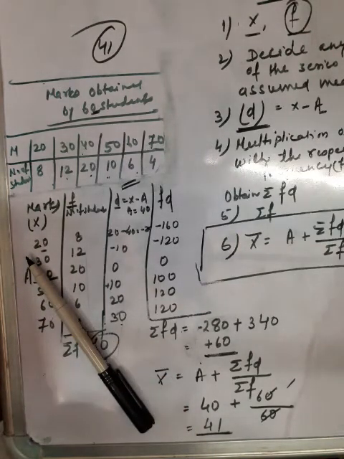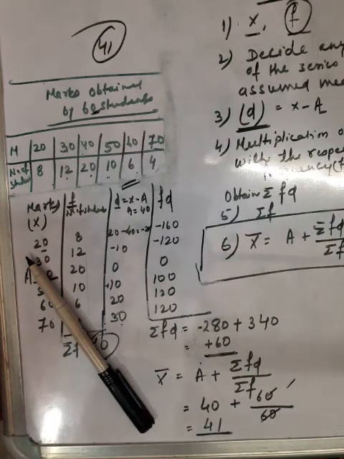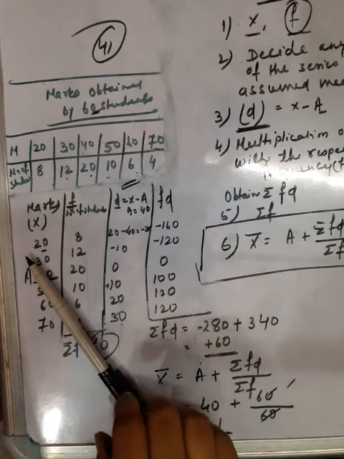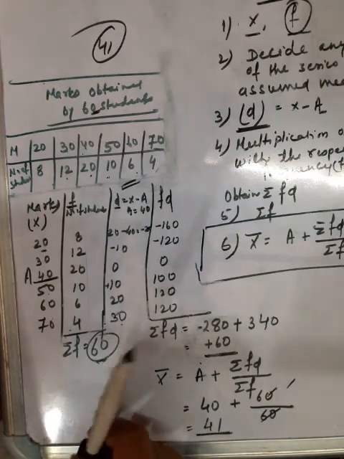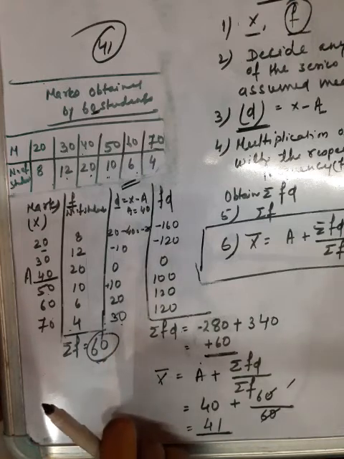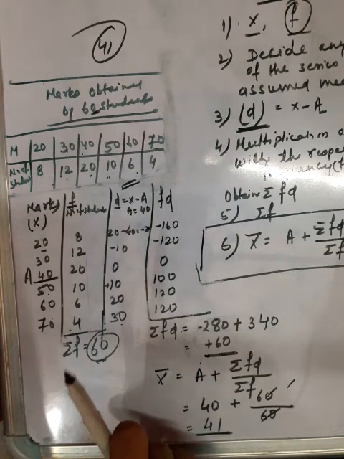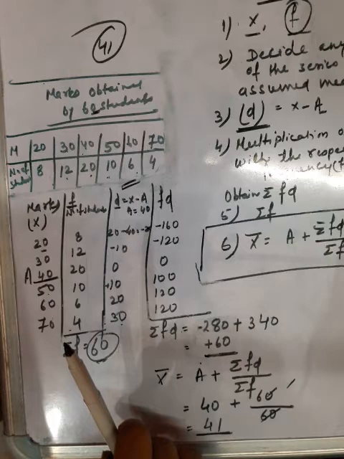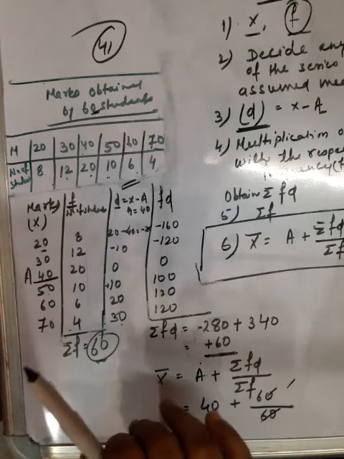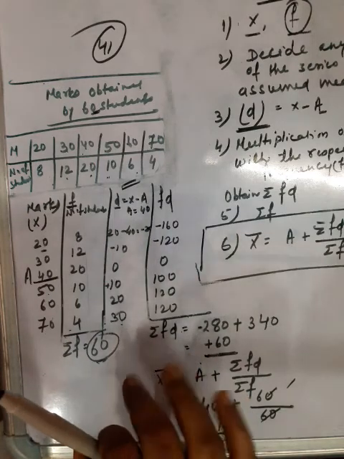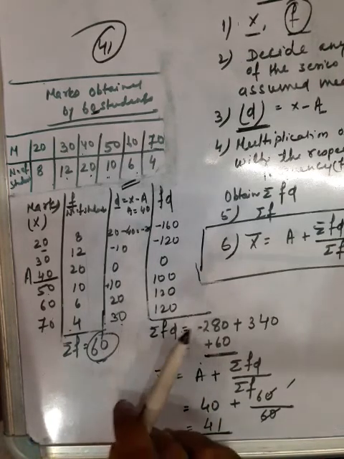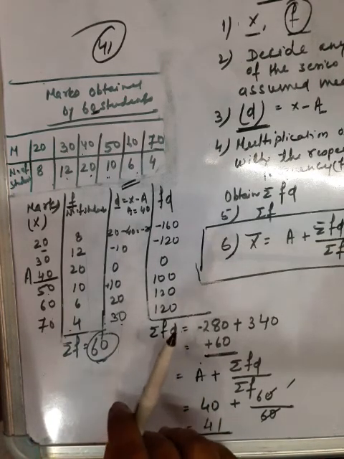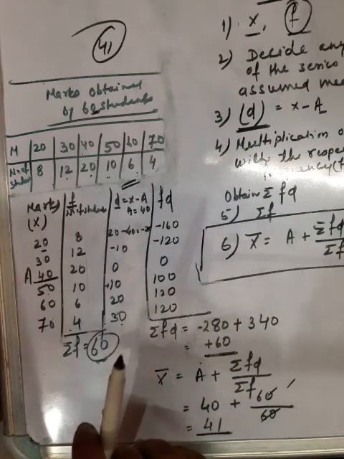One more method which can be used in a discrete series is the step deviation method. What is the procedure of the step deviation method? This step deviation method is a further simplification of the shortcut method. In this method, values of deviation are divided by a common factor, that is C, to ease the calculation process.